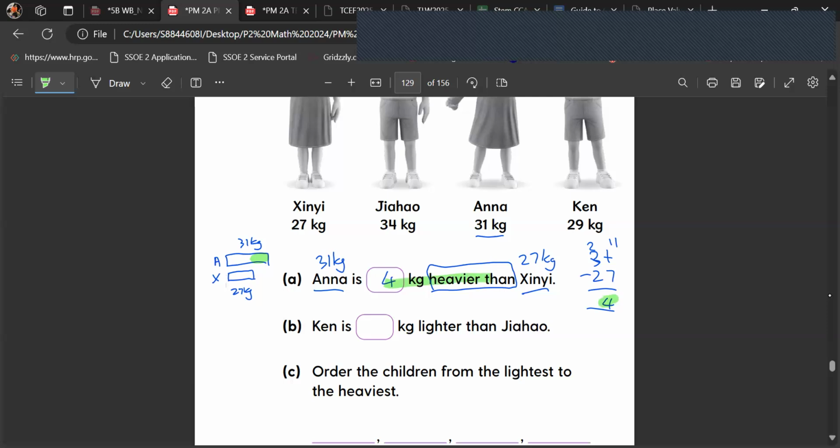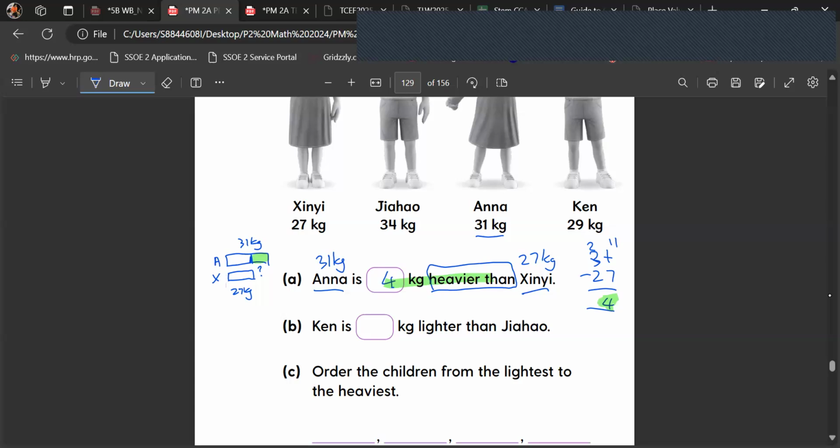I need to do a subtraction to find out how they are not the same. If I cut away this green part, Anna will become just like Xingyi. If I add the green part to Xingyi, then Xingyi will become just like Anna. They become equal. Right now, they are not equal.